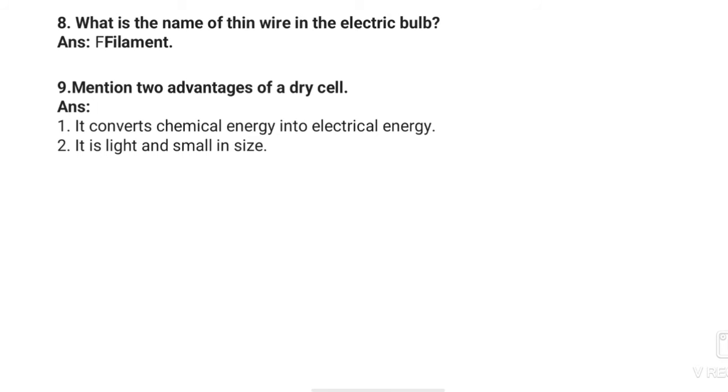The second advantage is that it is light and small in size. Student, it has a light weight, so we can easily move it from one place to another, and sometimes we carry it with us. The size of it is very small, so we can put it anywhere.